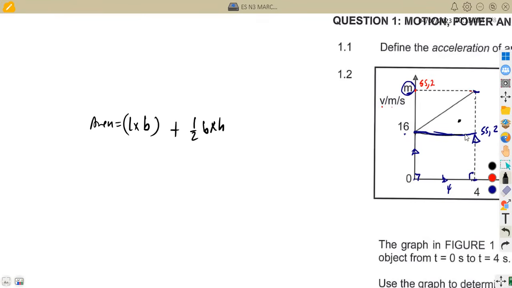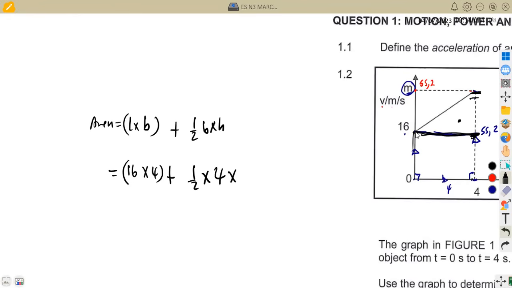So here we are referring to this rectangle that is 16 times 4. So we are going to have 16 multiplied by 4 plus half times the base of the triangle, which is 4, times the perpendicular height, that is from this point to this point here.